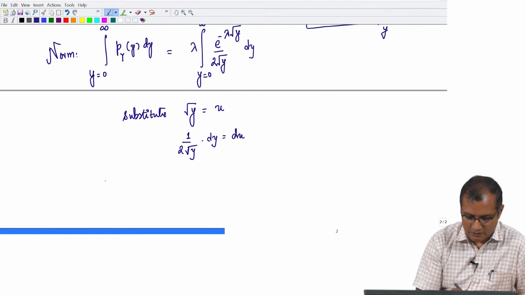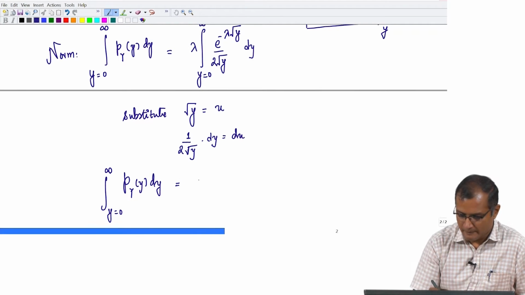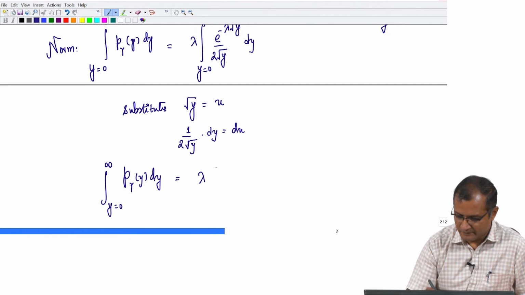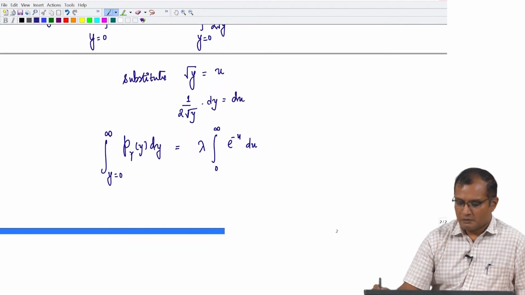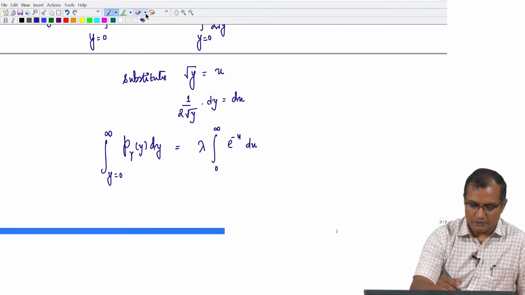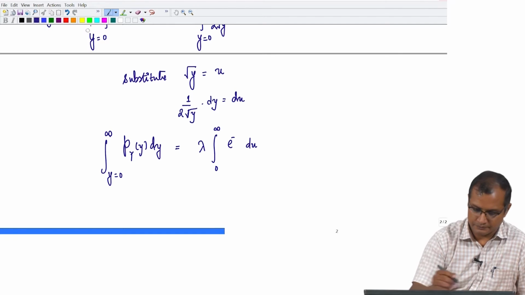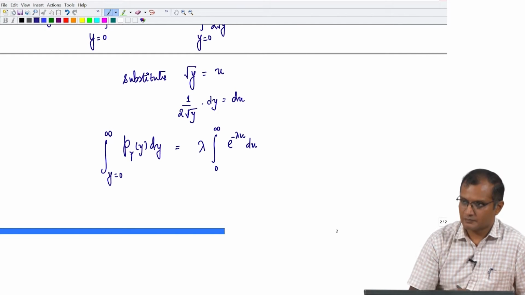So, I can write down that my norm is basically lambda times integral 0 to infinity e raised to minus lambda u du.